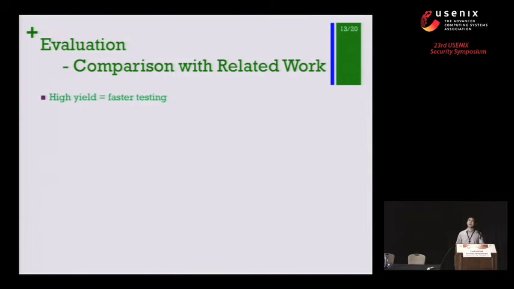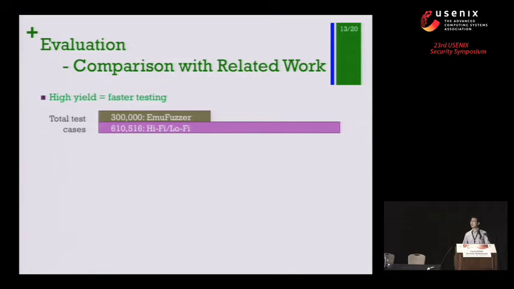In addition to counting all the peers, we also compare the quality of our peers. First, we compare the yield rate. For example, for the total test cases, ME-fuzzer and hi-fi, lo-fi need a high number of test cases. But for our Cardinal Pill testing, we only need around 20,000 test cases.